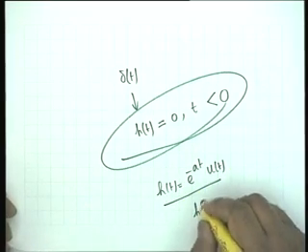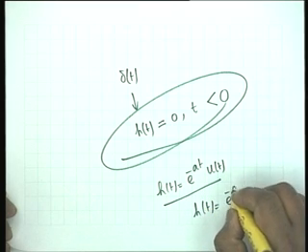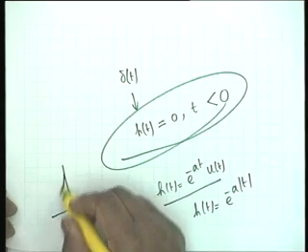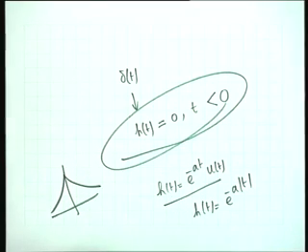On the other hand, if h(t) is equal to e to the minus a mod t, then it is not causal, because h(t) exists for t less than 0. Before a unit impulse is applied, there is an output. Therefore, it is not causal. This is in the time domain.